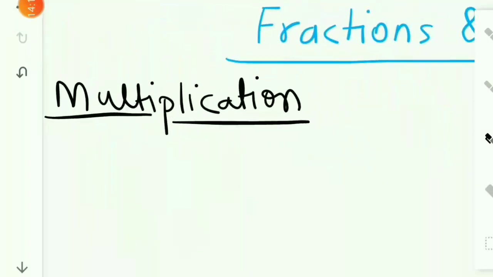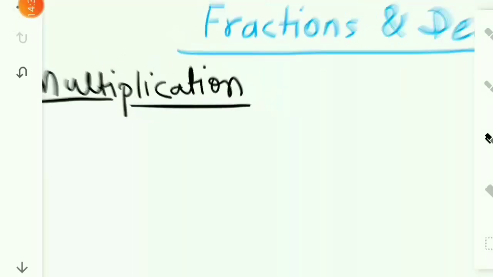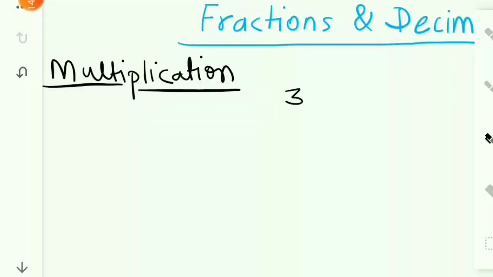Let's now start with multiplication. So we'll first learn how to multiply a fraction by a whole number. I have this here, 3 into 5 by 7. So whenever we are given a whole number to be multiplied with a fraction, we write it like this.